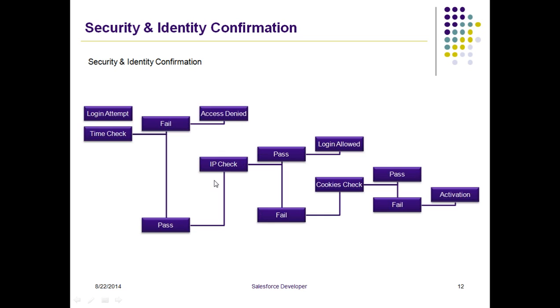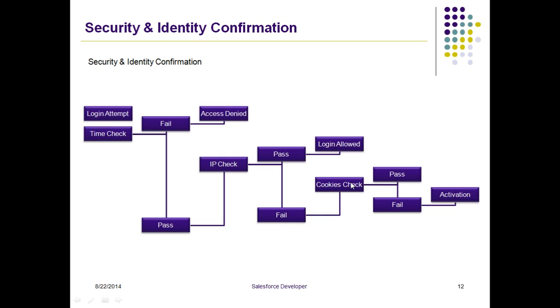If you are logging in from a trusted IP, you will clear the authentication process and be allowed to log in. But if you are trying to log in from some other IP address, it will take you to another level of check, which is the cookies check.